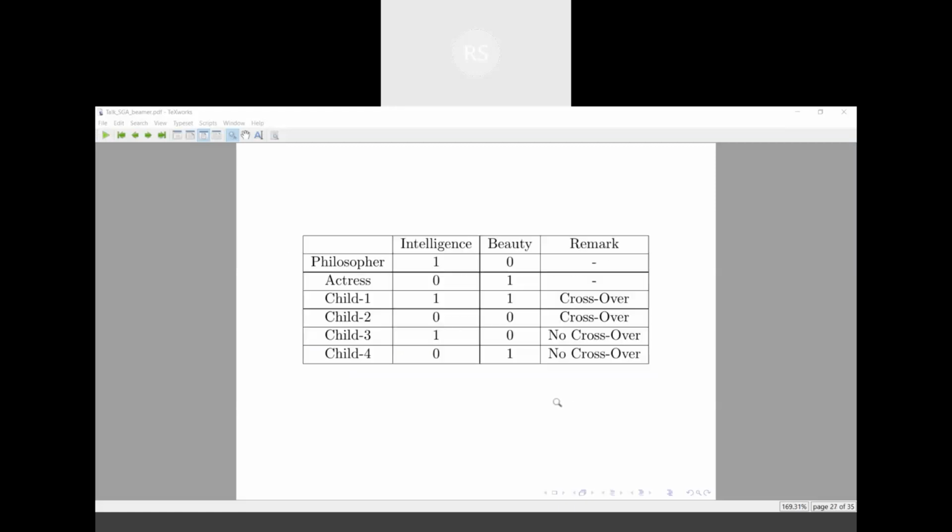See, here I have shown some arbitrary numbers. I have named a philosopher, his intelligence. I have given 1 here.